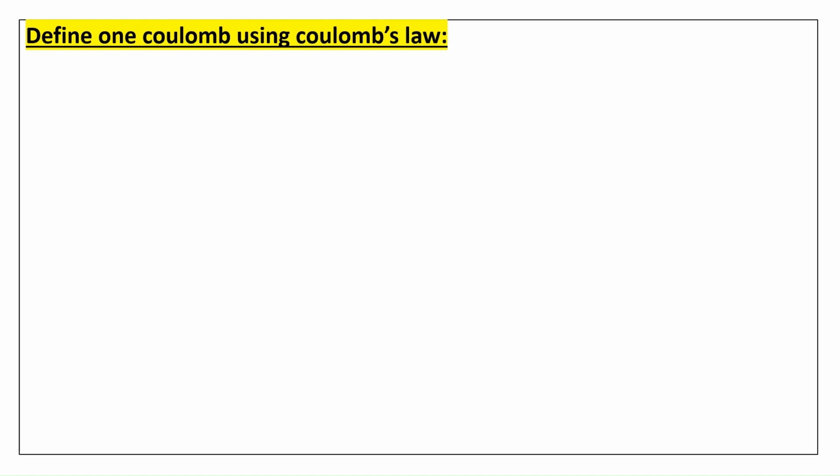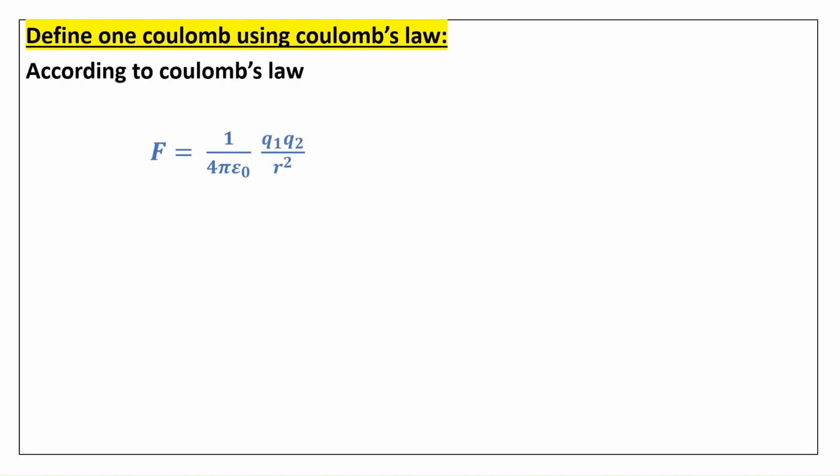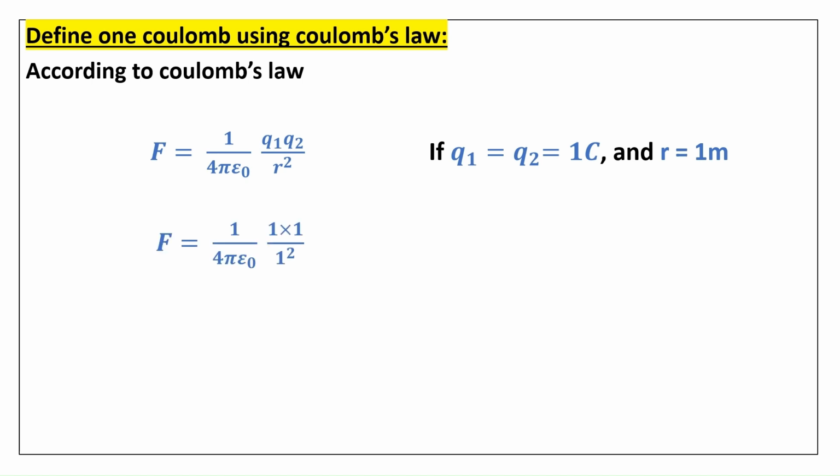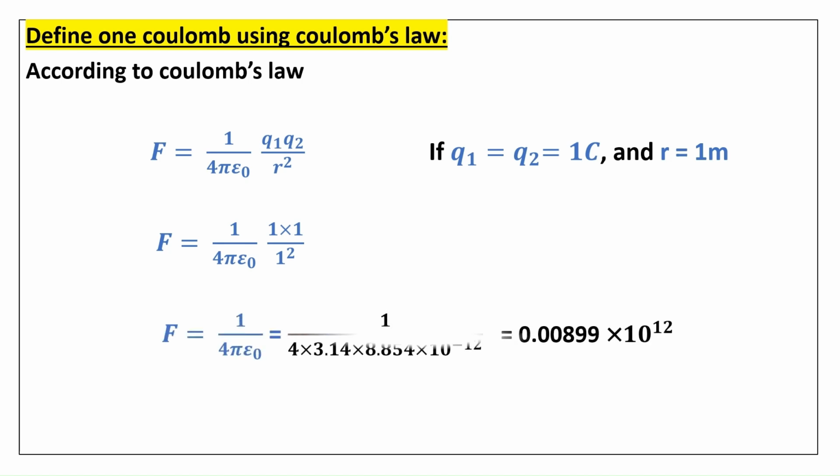Next, define 1 Coulomb using Coulomb's law. According to Coulomb's law, F is equal to 1 by 4 pi epsilon naught into Q1 Q2 by R square. If Q1 is equal to Q2 is equal to 1 Coulomb and R is equal to 1 meter, substituting in the above equation, we get F is equal to 1 by 4 pi epsilon naught into 1 by 1 square.